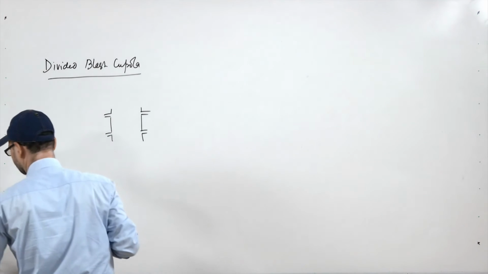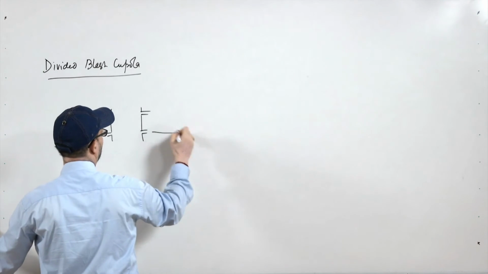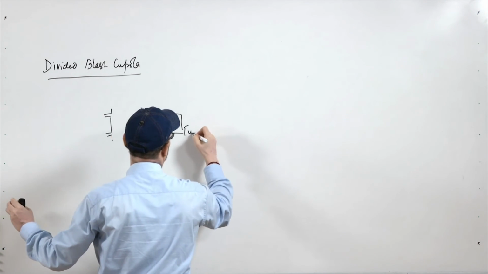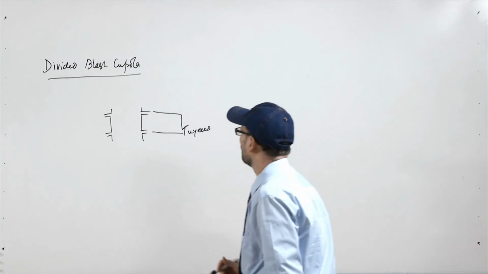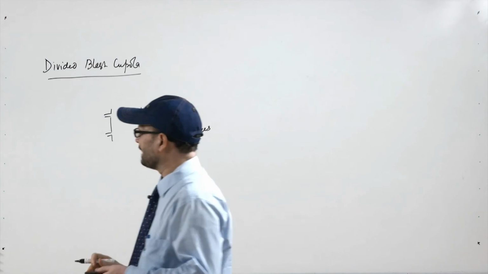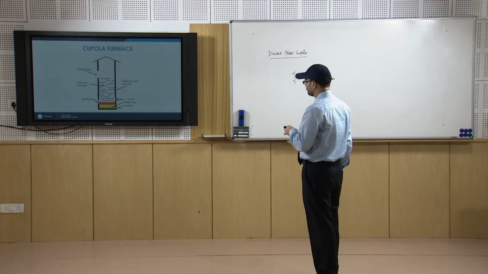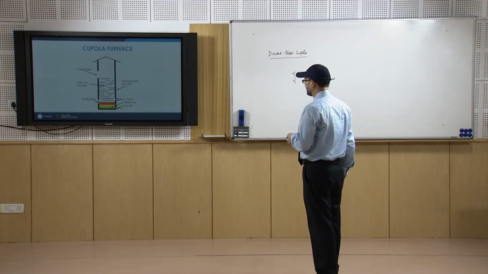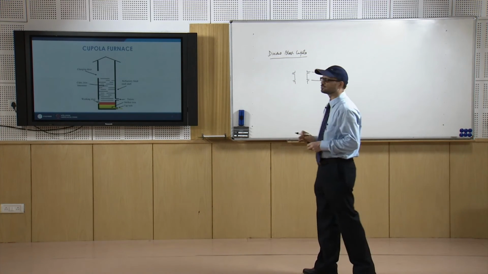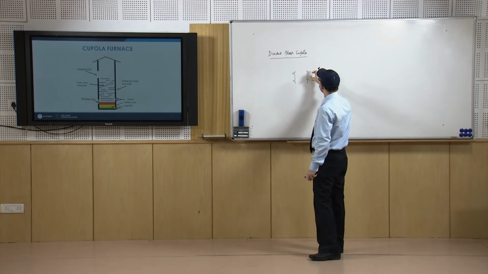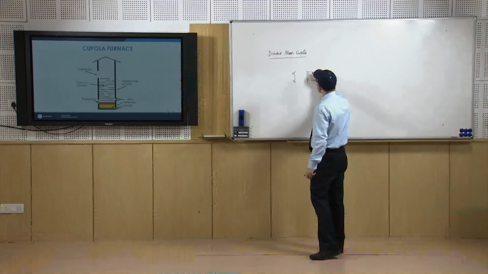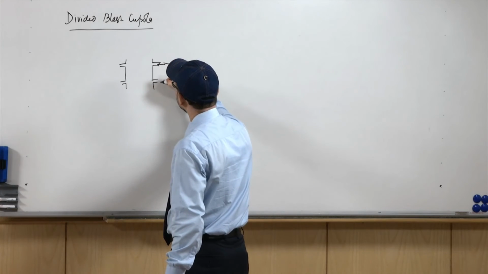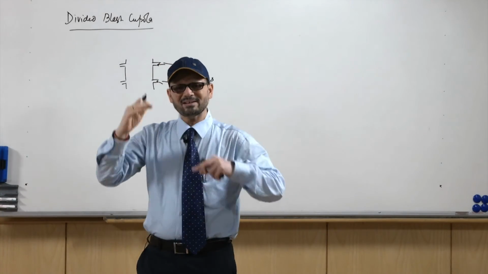As we have seen in the earlier case, you have one tuyere at this level. Now, in this case of divided blast cupola, the tuyeres are at two places, and the air gets heated and is supplied at two levels of height.